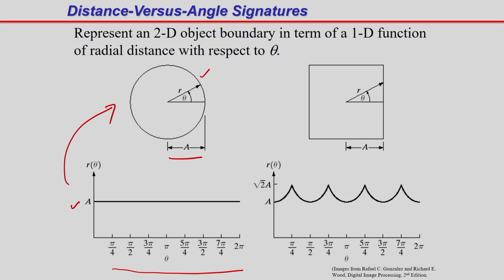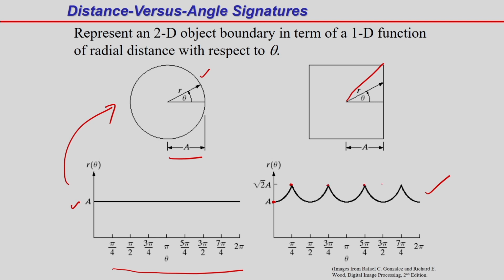If I consider a square and the radial distance with respect to theta, then you will get a 1D function like this. Corresponding to the diagonal, the distance will be root 2a, and for all other points the radial distance is a. For the diagonal points the distance will be root 2a.